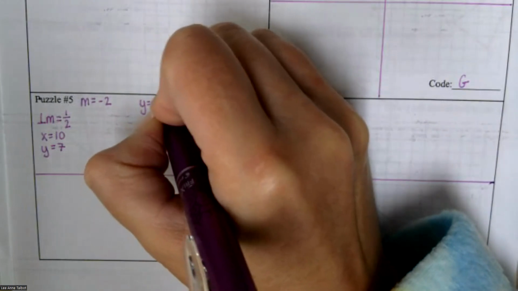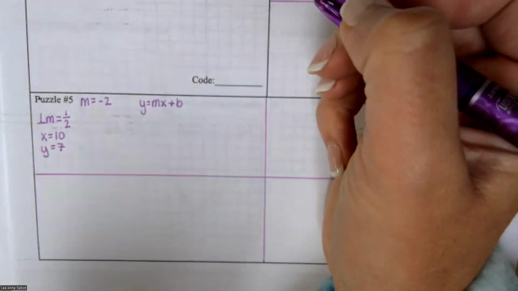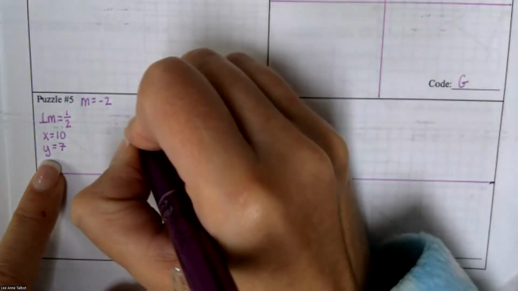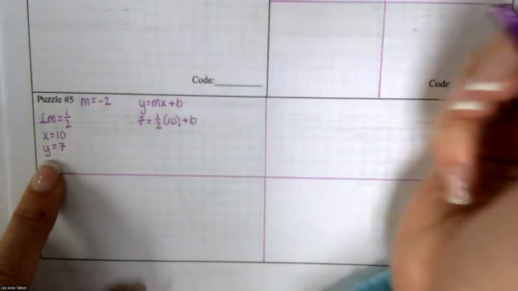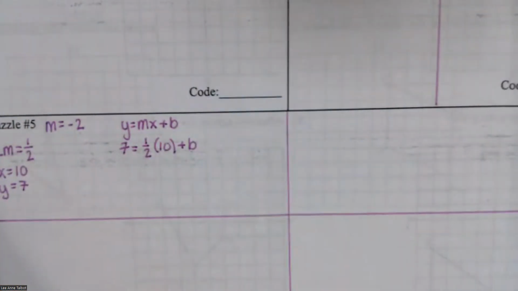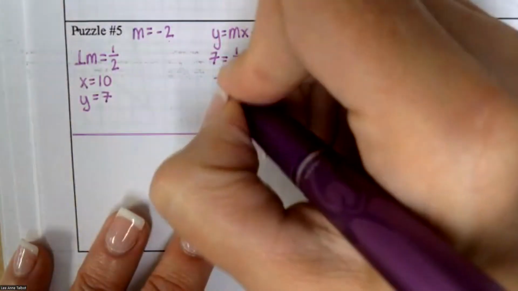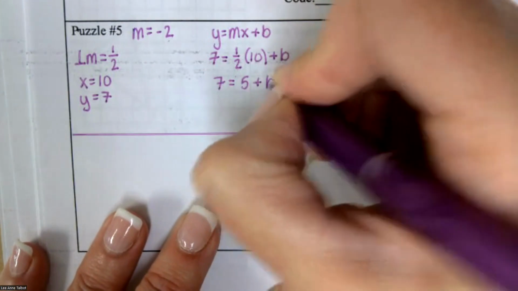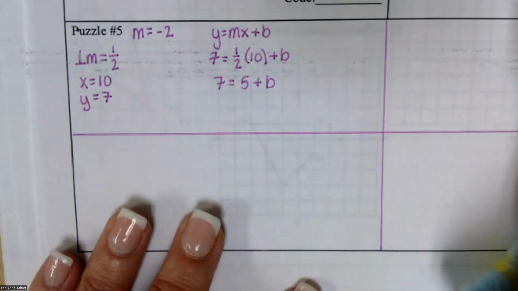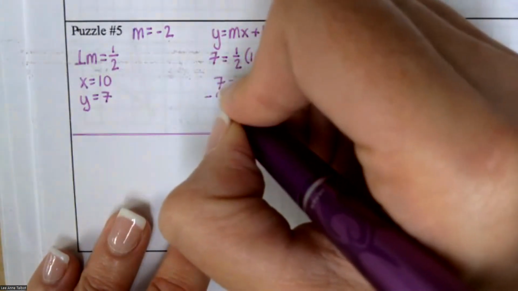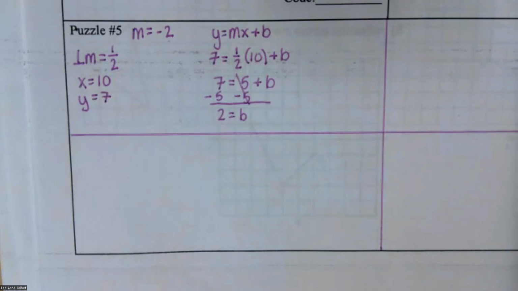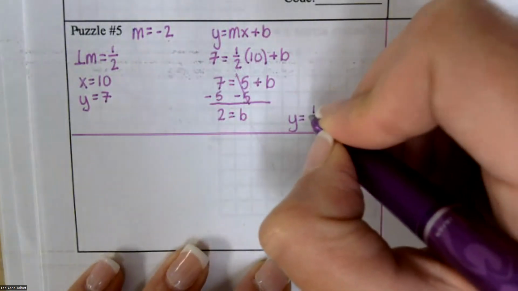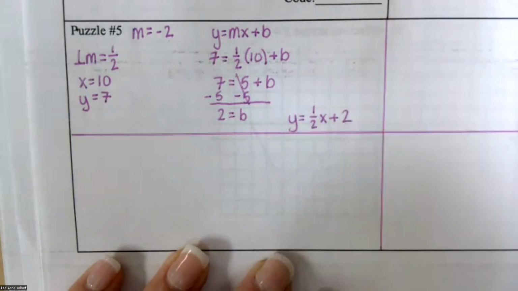Y equals mx plus b. 7 equals 1/2 times 10 plus b. 7 equals 5 plus b. 2 equals b. Y equals 1/2 x plus 2.